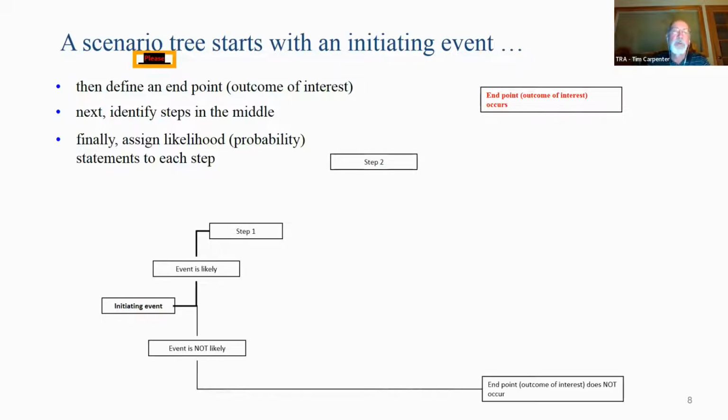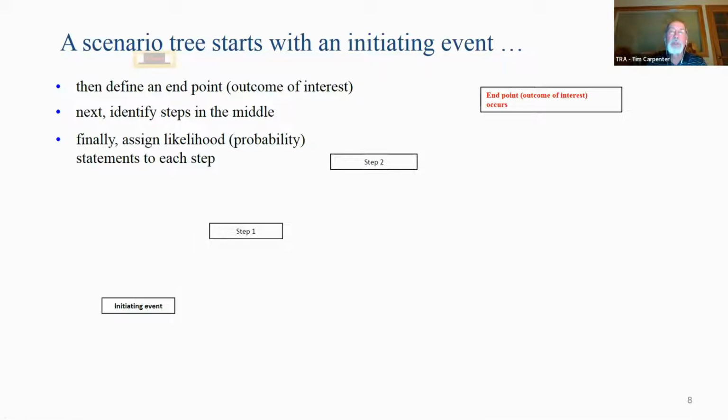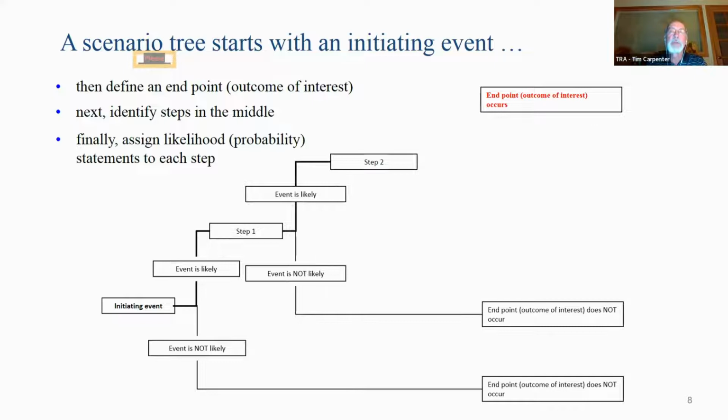So we start off with an initiating event. It may be likely to occur or not. And if it doesn't occur, then we're satisfied. It's not going to occur. We can conclude this pathway, eliminate it. If it is, on the other hand, likely to occur, then we go to step one, and do something.